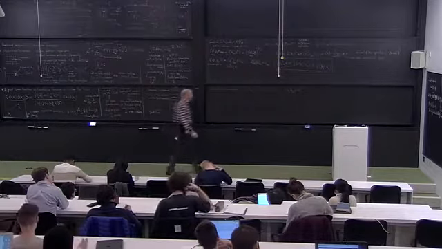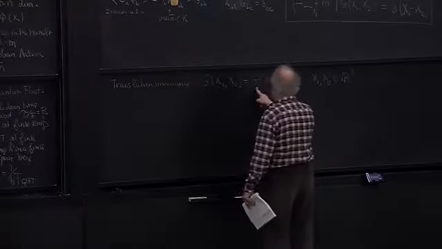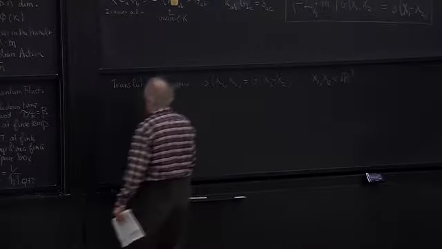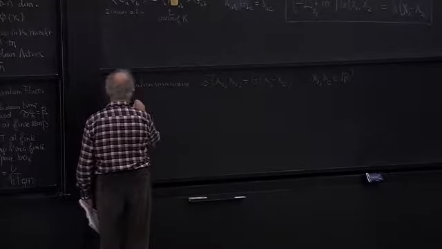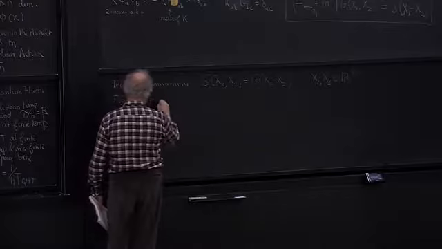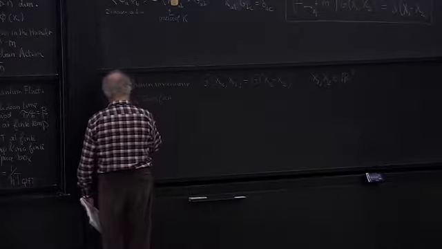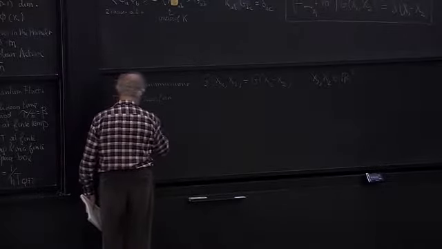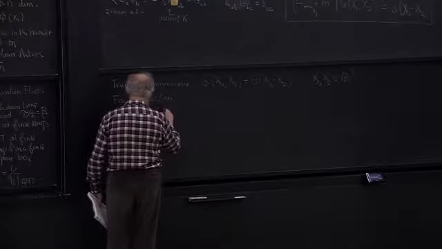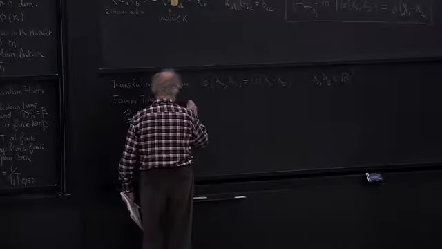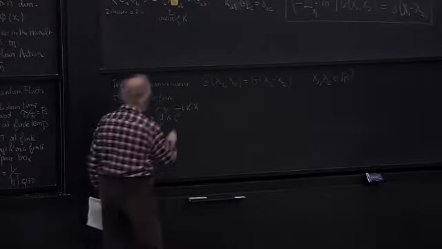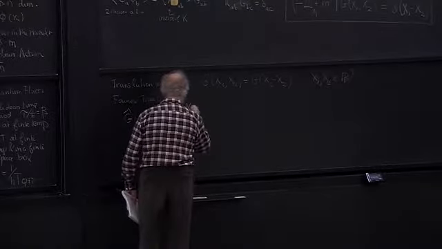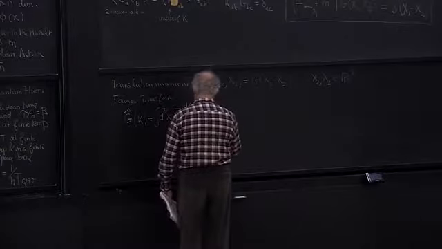Now, I'm going to denote this by G of x in general. So now we can define the Fourier transform of that, denoted G hat of k. This is the integral d^d x e^(-i k dot x) times G of x.